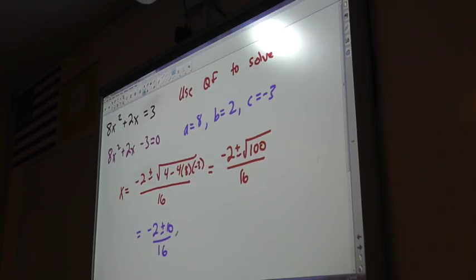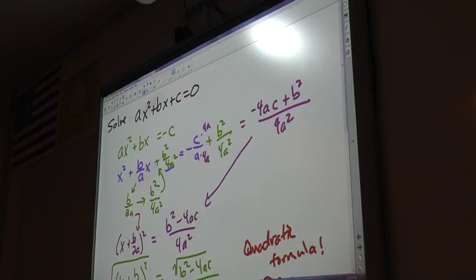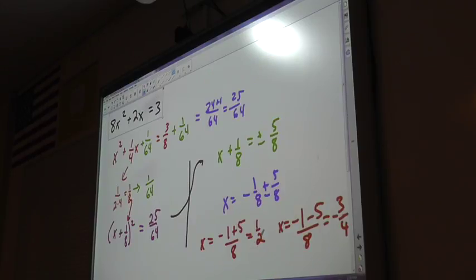Whenever you have numbers you want to simplify, -2 plus 10 over 16 is 1/2. And then negative 2 minus 10 over 16 is negative 12 over 16, that's negative 3/4. Does that match up with our answers we got before? Bam. 1/2, negative 3/4.